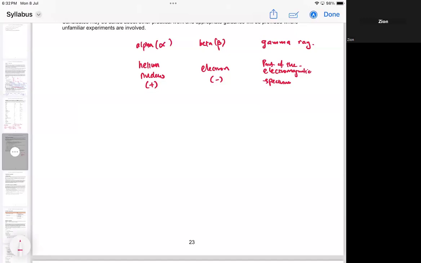In terms of ionizing ability, what do you understand by the word?